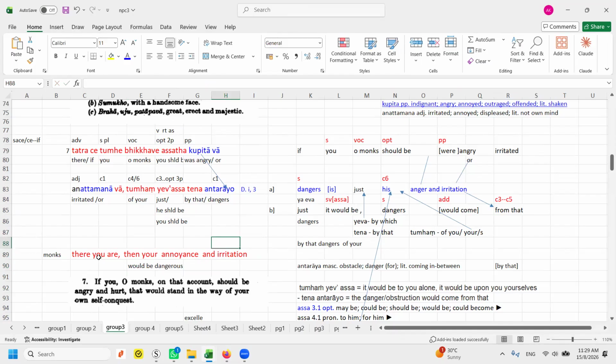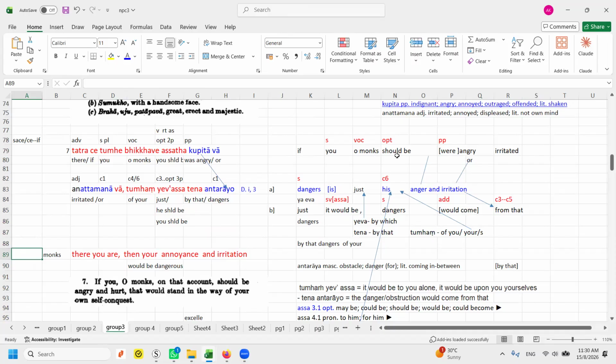Monks, there you are. Then your annoyance and it would be dangerous. You see, this type of translation is also acceptable because this is how you describe the whole Pali thing. But the best way, do not do this. You do exactly what I approach this way.